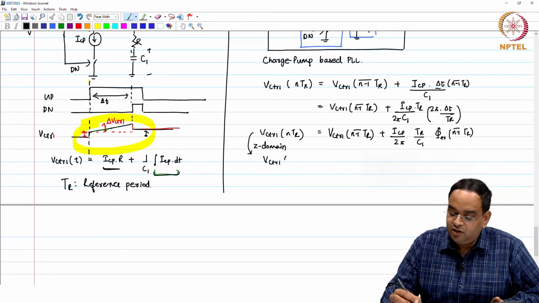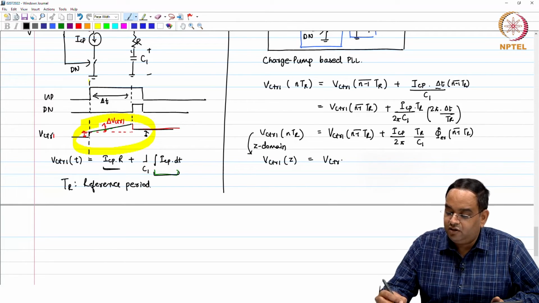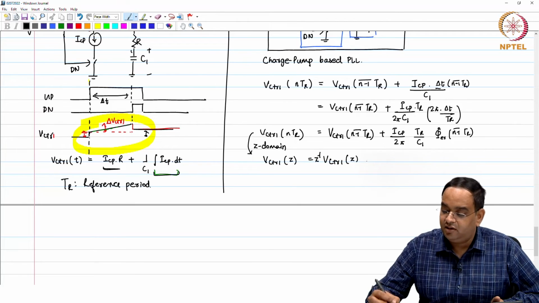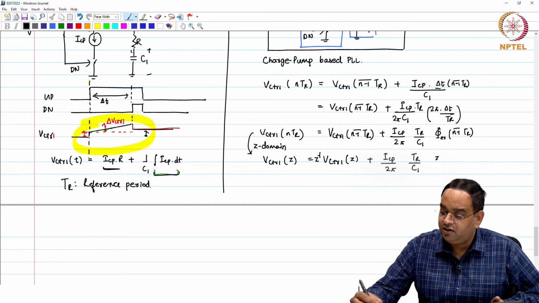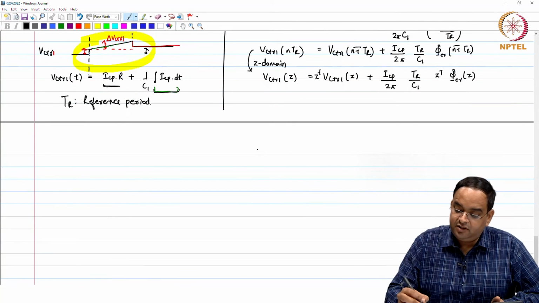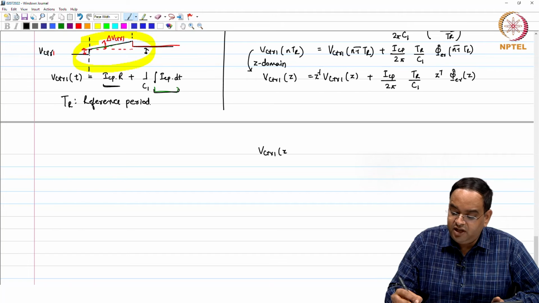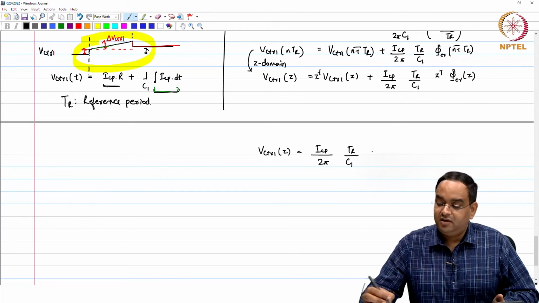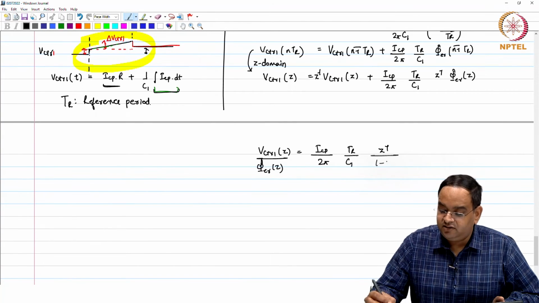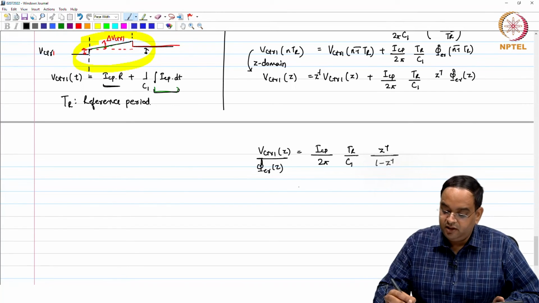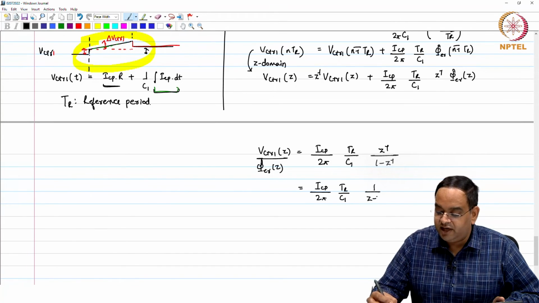So, V control of Z is equal to V control of Z into Z inverse plus ICP by 2 pi into TR by C1 Z inverse of phi error of Z. Take the terms on one side: V control of Z over phi error of Z is ICP by 2 pi, TR by C1, into Z inverse divided by 1 minus Z inverse, which is ICP by 2 pi TR by C1 times 1 by Z minus 1.